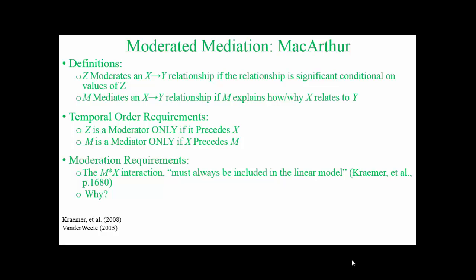And M is a mediator only if X precedes M. So if you put those two statements together, if you wanted to do a so-called moderated mediation analysis, you would first collect Z, then collect or assign X, then collect M. And that's very important, and that bears on the work, for example, of, what am I thinking about? Yes, thank you, Kramer. That bears on Kramer's work.